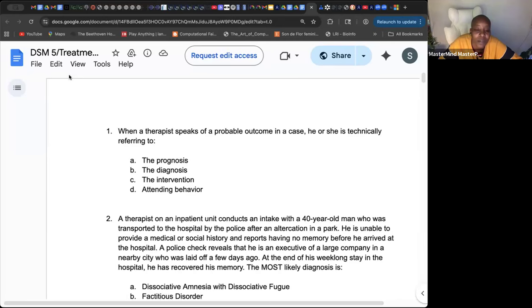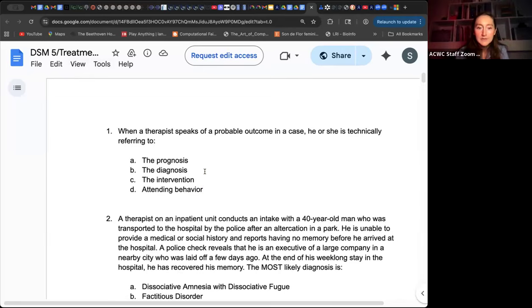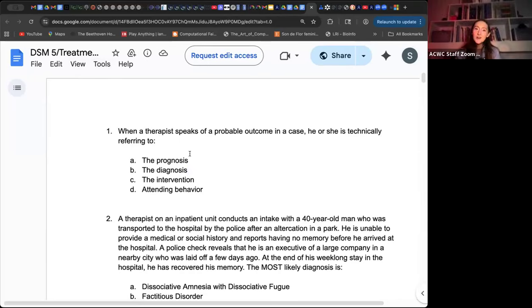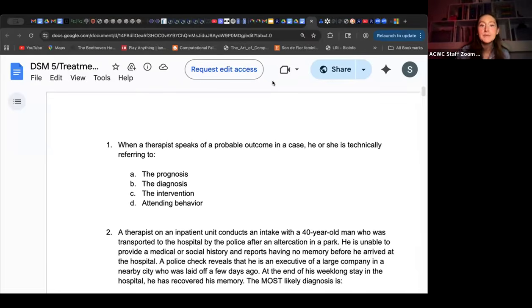The probable outcome, so I'm going to get rid of D. And then C, get rid of C. So the probable outcome, I believe, is A, the prognosis. Nice job, Mastermind. Absolutely. This is not letting me edit, but that's okay. We can do without that.